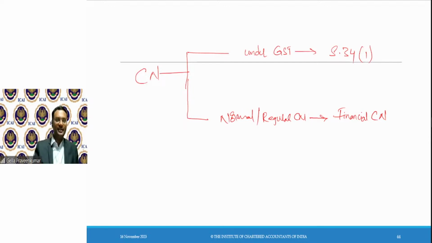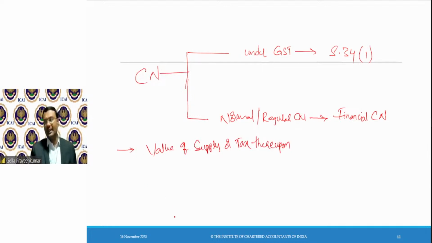And for understanding purpose, when value of supply or tax thereupon. Students, my recommendation, please write this down in your working notes.